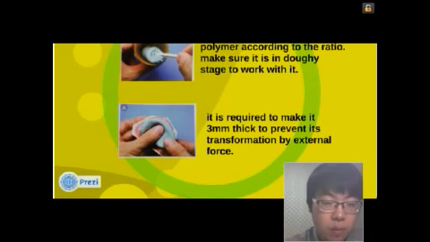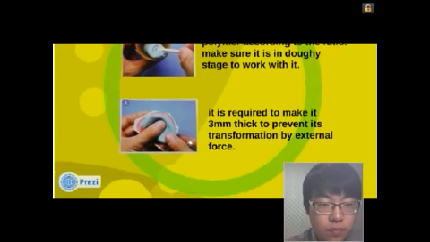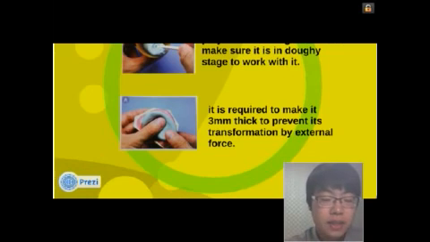then you can take the lump out of the bowl and knead it a few times and apply it with fingers on the model consistently. And make sure that it is 3 millimeters thick to prevent its transformation caused by external force.